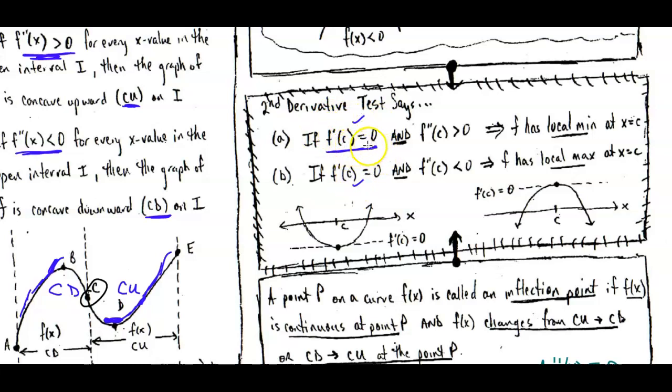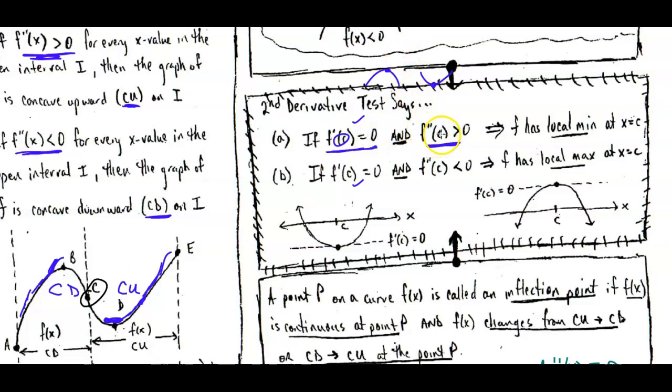So if we find that at x equals c, we have a horizontal tangent line, and it can either look like this situation here or this situation here. And on top of that, we know the second derivative of our function at this value c, aka at this critical value that made our first derivative go to 0.